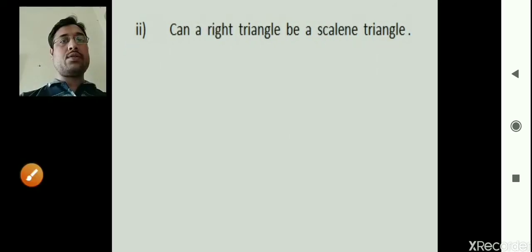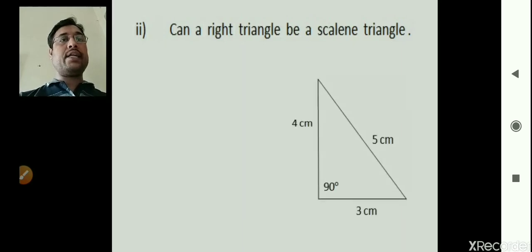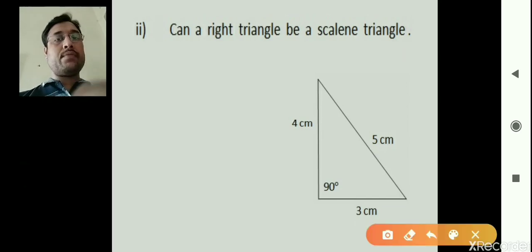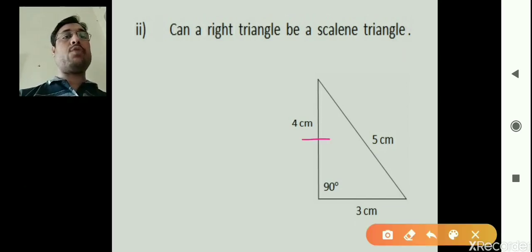Yes, now the next question here you see: can a right triangle be a scalene triangle? So we can say yes, a right triangle can be a scalene triangle. As for example, in this diagram you can see the perpendicular I have taken. Suppose this perpendicular is 4 centimeter and the base is 3 centimeter and the hypotenuse is 5 centimeter.